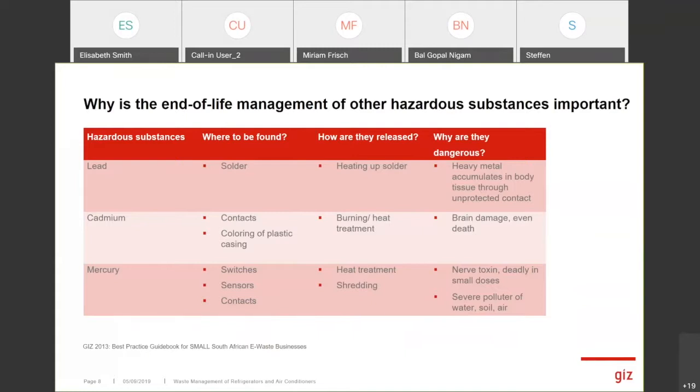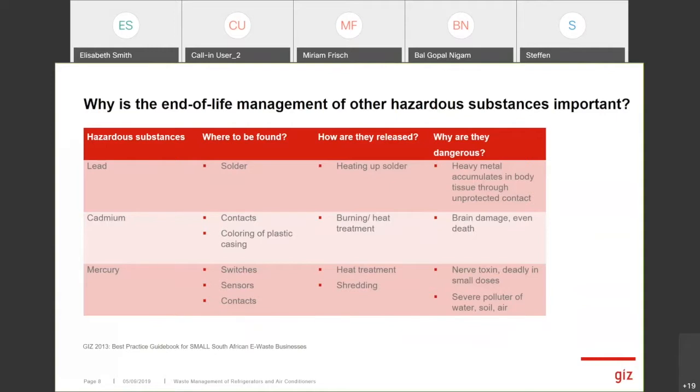Next will be cadmium. It is found in contacts and the coloring of plastic casing. It will be released by burning and heat treatment and can create brain damage and even death. And then we have mercury, in switches, for example, for freezing cases, and in sensors and contacts.